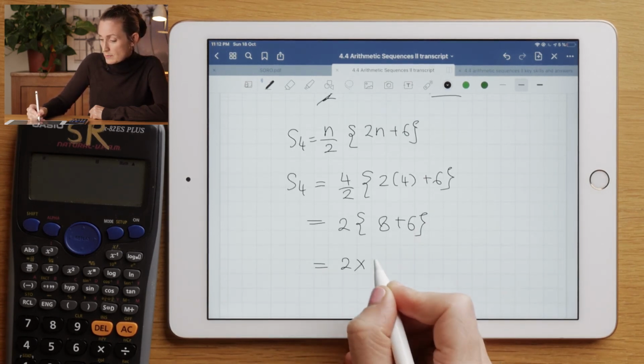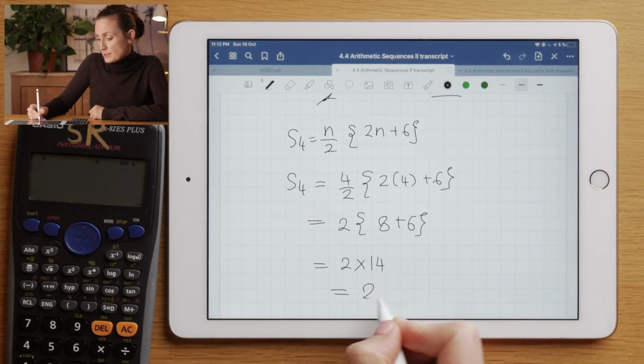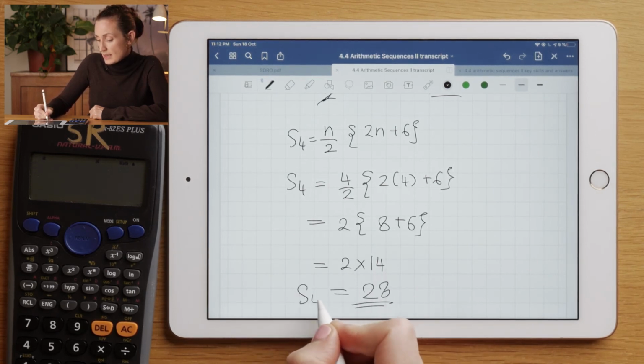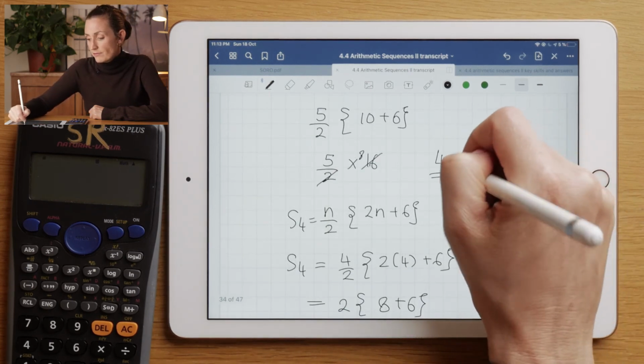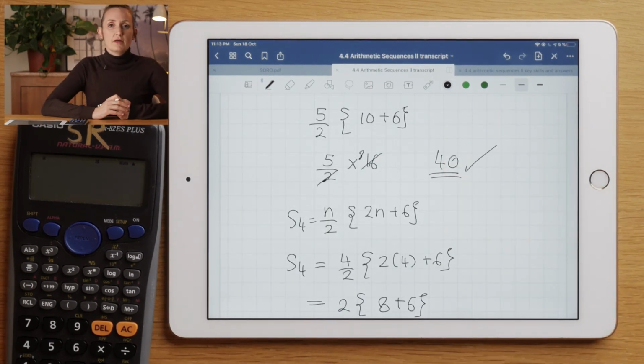So it would be 2 times 14, which would be 28. So you can see S4 would be too small. It would be below 30, but S5 at 40 would be above. So that wraps up everything you need to know for now about summation of an arithmetic sequence.